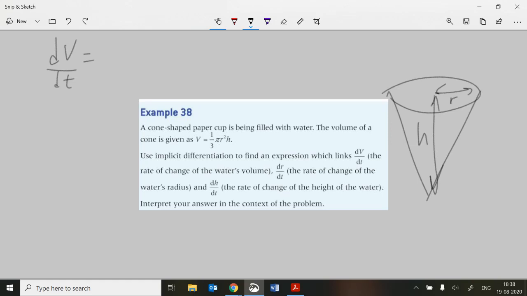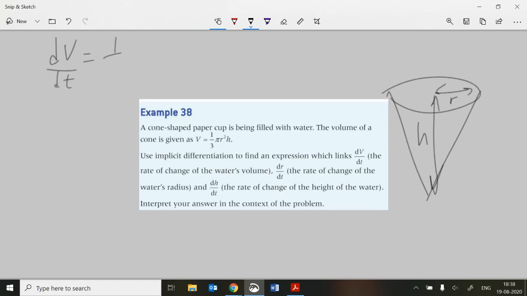So r, though, will depend on t because the radius changes over time, and h also depends on t because that also changes over time. So r and h are both functions of t.